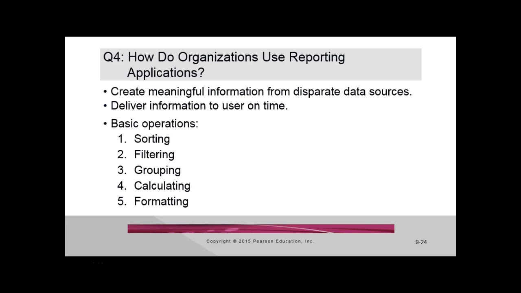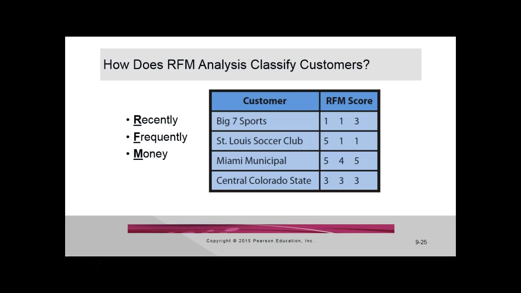And then finally, the last thing is we can format things. Formatting can help us see trends, help us understand data. So calculating and formatting. We're going to do all these things with Excel. We're going to show you some Excel tools that do all these things. So that's one thing I want you to keep in the back of your mind.